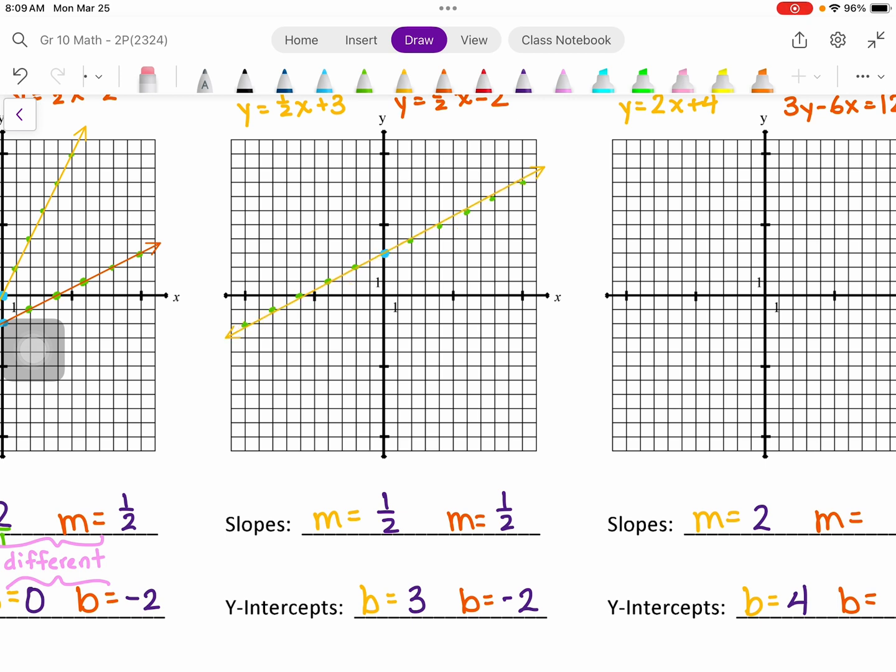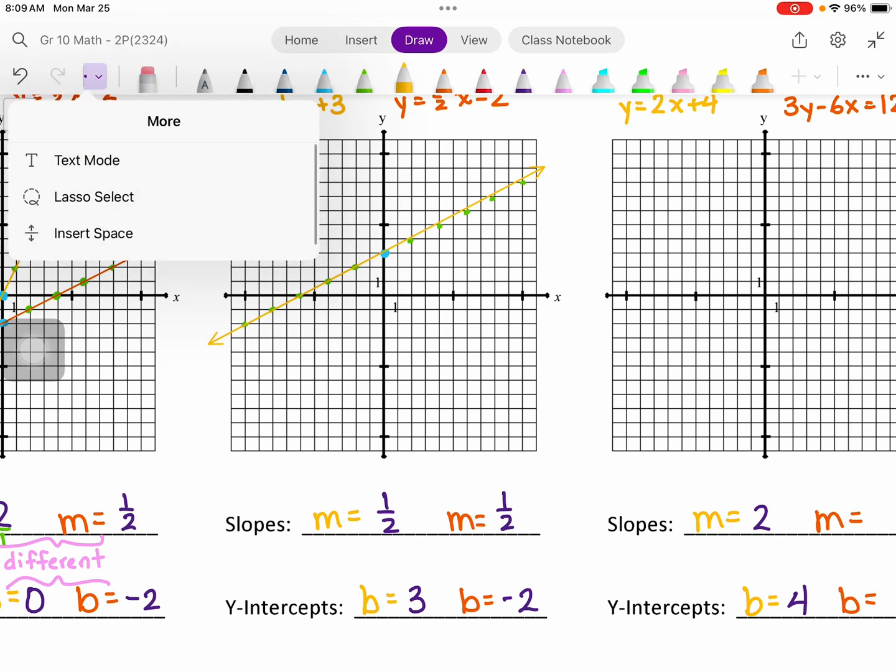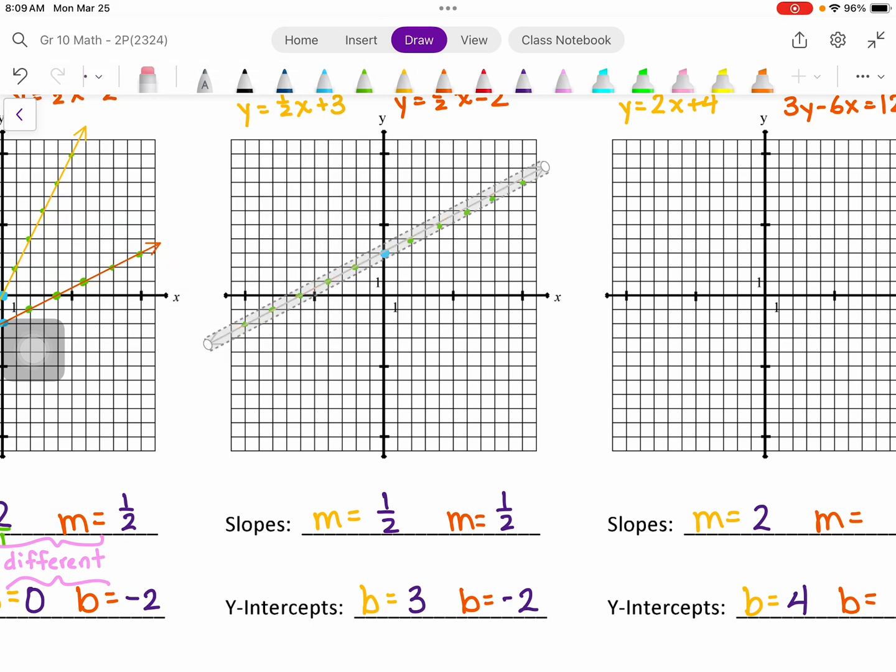So every single point on this line, not just the ones that I plotted, is a point. So we actually have not the number of points I plotted, but an infinite number of points. We're simply plotting nice whole number points that we can read easily off of our graph. And then we also have arrows on both ends of the line because this line extends forever.